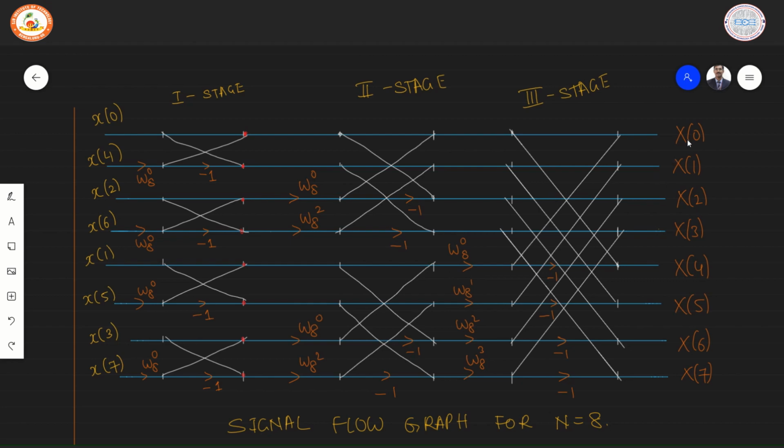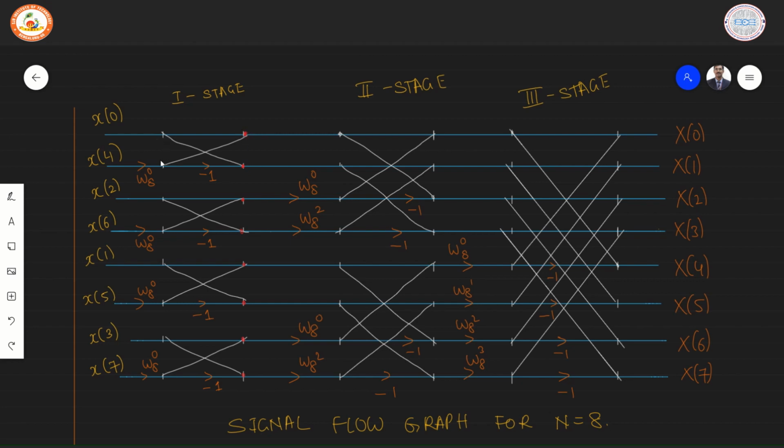The output happens to be in order, so we can say it is sequential. The size of the butterfly in this case is increasing. The twiddle factor is multiplied before we perform the operation of addition and subtraction.